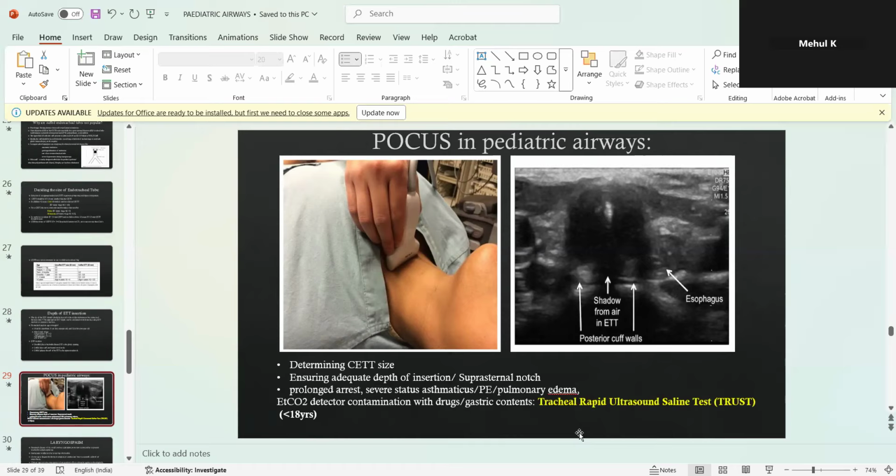This is of immense value in determining adequate depth of insertion, especially in patients who are undergoing cardiopulmonary resuscitation, or in severe status asthmaticus, or who have pulmonary edema or pulmonary embolism.